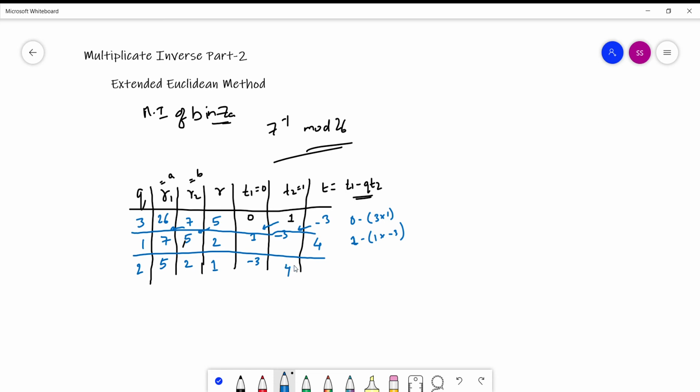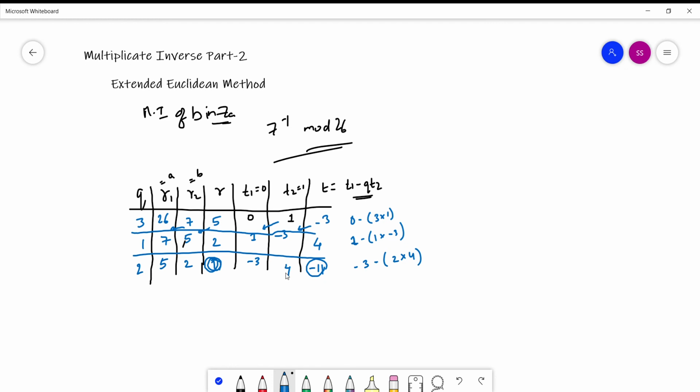Now find T. T will be minus 3 minus the quotient 2 times 4, so this will give you minus 11. You have to solve till you get remainder as 1. Here in this step we got remainder as 1, so this T is the multiplicative inverse of 7 mod 26.